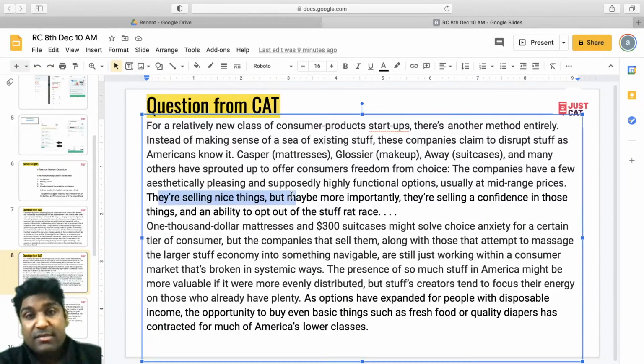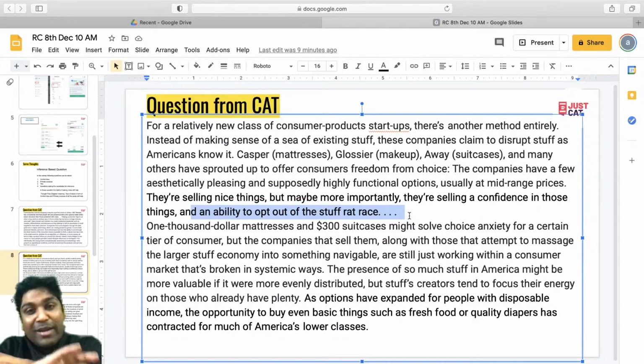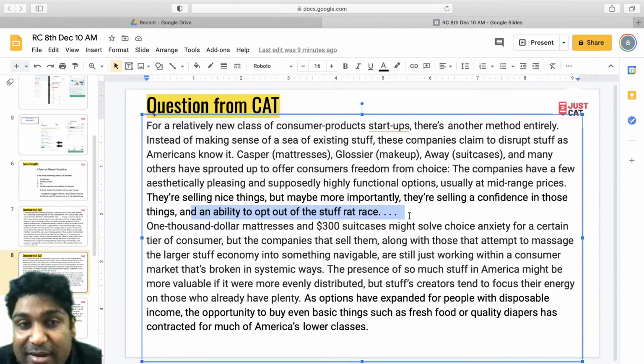They are selling nice things, but maybe more importantly, they're selling a confidence in those things and an ability to opt out of the stuff rat race.